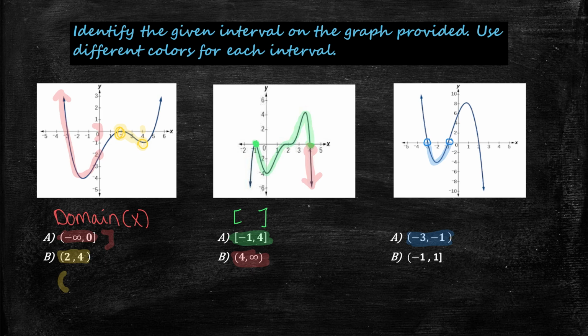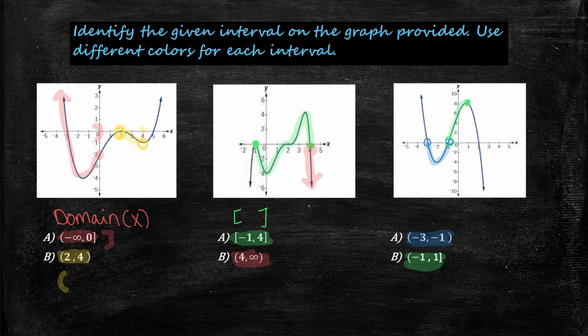Let's do this next one in green. And this is going from -1 to 1. So starting where x is -1, follow it all the way to where x is 1. So it'll stop right there. And then this will have a solid point, and this will be an open point.